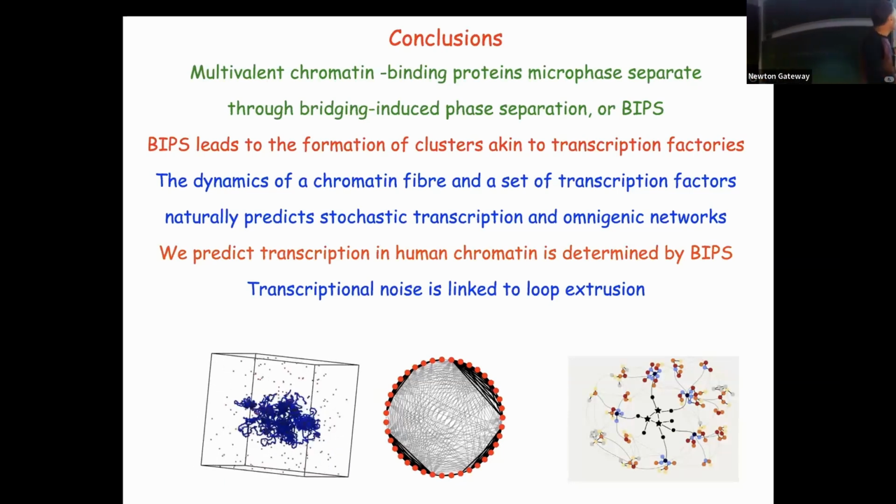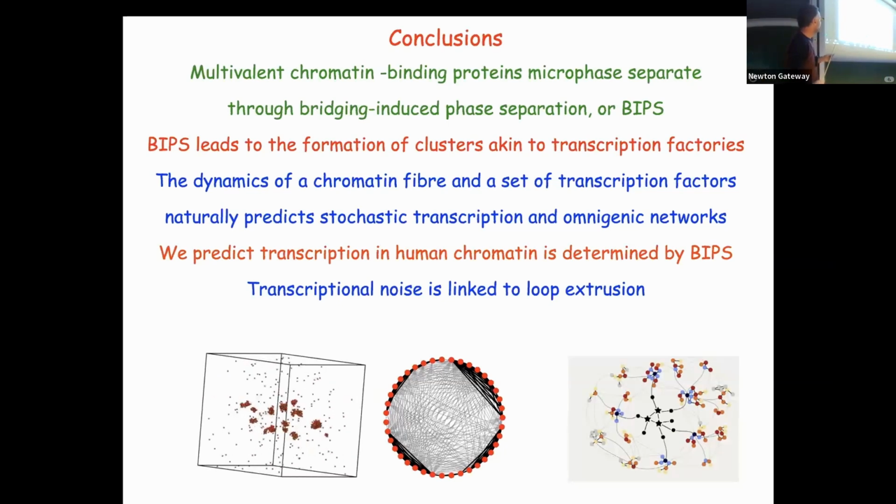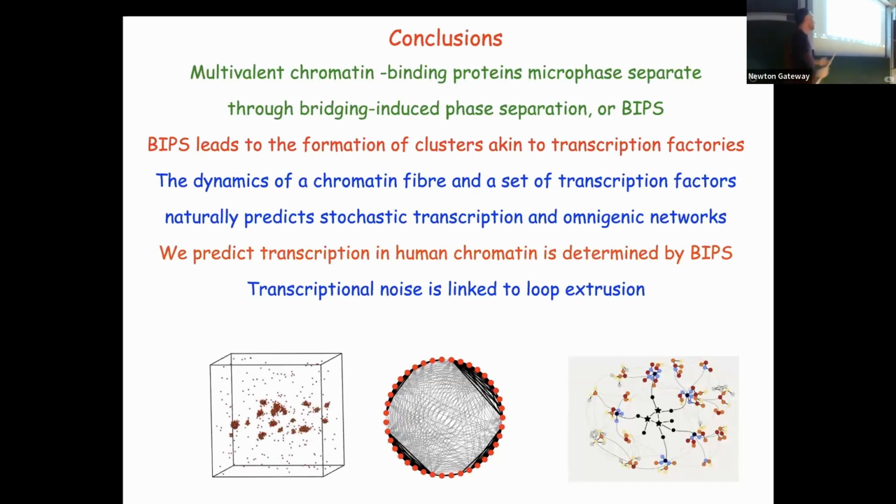So transcription correlates a lot with bridging-induced phase separation, and transcriptional noise might be linked to another important process, which I described only briefly, known as loop extrusion, which has made quite a big impact in the field in the last few years. I'm finished. Thank you very much.